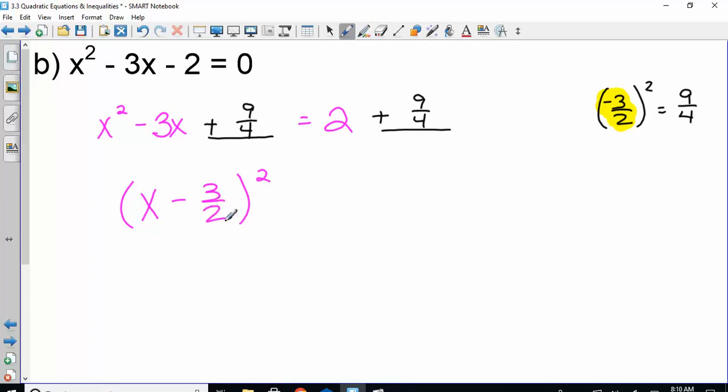I'm going to prefer you keep the fractions, and you'll understand why in a minute. Over here, 2 plus 9 over 4, so that would be 8 over 4 plus 9 over 4, so 17 over 4.